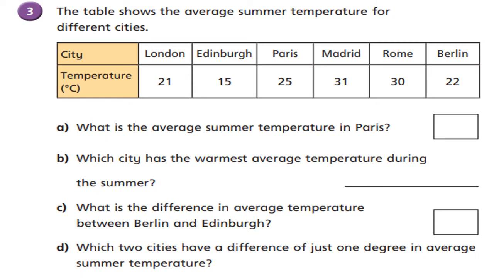What is the average summer temperature in Paris? Which city has the warmest average temperature during the summer? What is the difference in average temperature between Berlin and Edinburgh? And which two cities have a difference of just 1 degree in the average summer temperature?